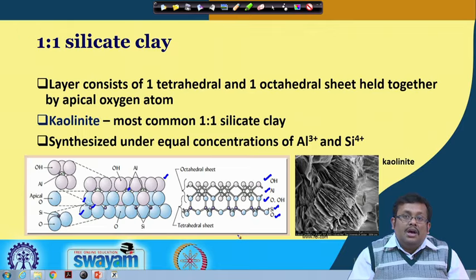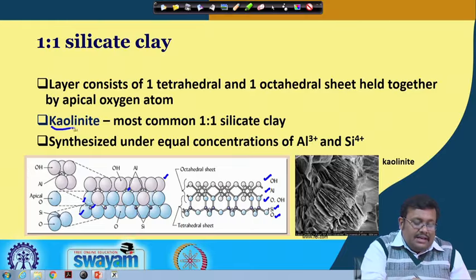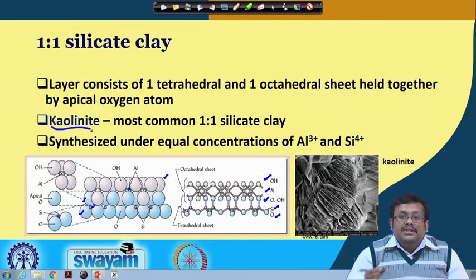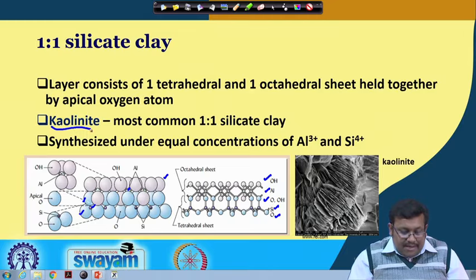What is the major clay mineral? Kaolinite is the most common 1:1 type of clay. This is one of the most prevalent 1:1 type of clay. And remember that kaolinite is the major ingredient of porcelain, and kaolinite got its name because it was first found in the Kaolin province of China, and it is synthesized under equal concentration of aluminum and silica.